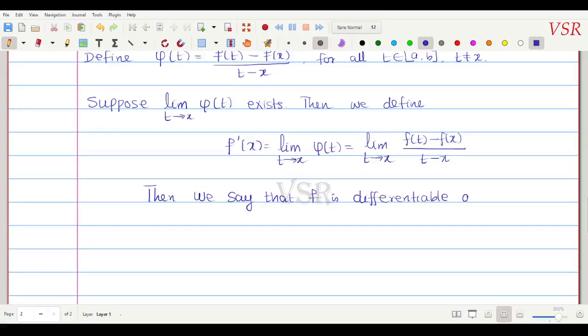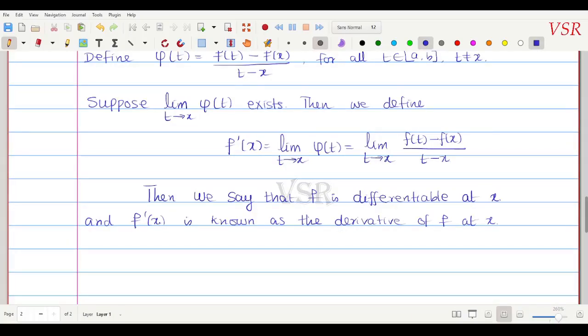at x. At the point x, this is differentiable. And the derivative f dash of x is known as the derivative of f at x. At the point x, what is the derivative? That is f dash of x.